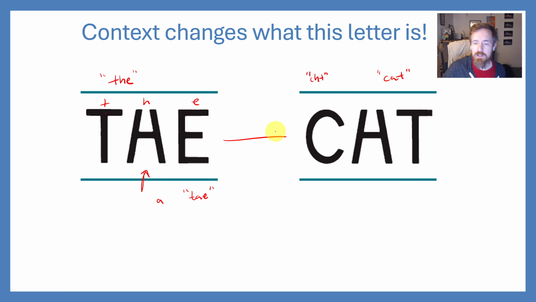Now, if we look over at this other word, and again, I know that some people, when they look at this, may say CHT, and that's fine, but we're going to see a lot of people who read this as the word "cat." Why is that? Well, because CHT, that's not an English word.